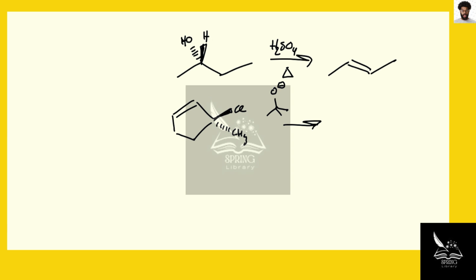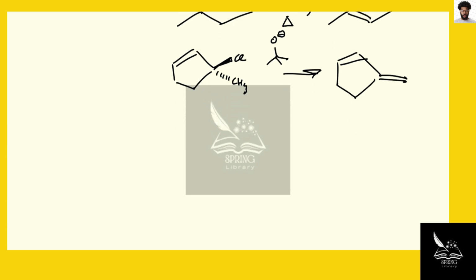This is a strong, bulky base, which tells us that we're going to get an E2 reaction for one, but also important here is the fact that we could form a double bond here, or we could form a double bond there, and this bulky base tells us that we're going to get the Hofmann product, or the less substituted alkene. We're going to abstract one of those protons. So our final product then would be this alkene right here.